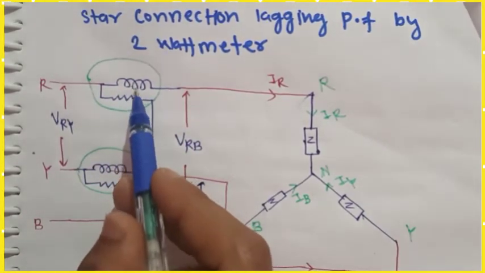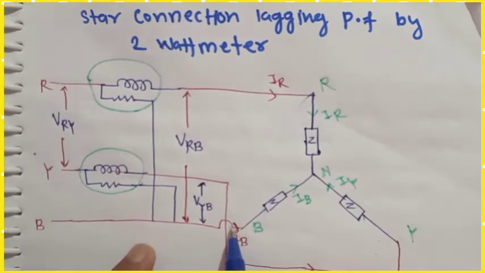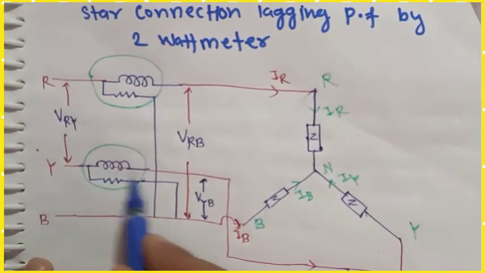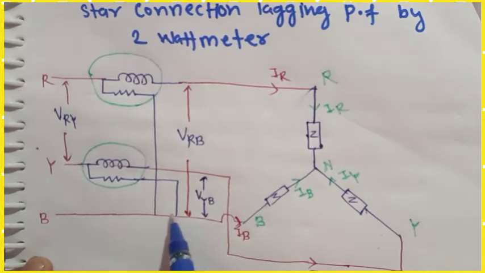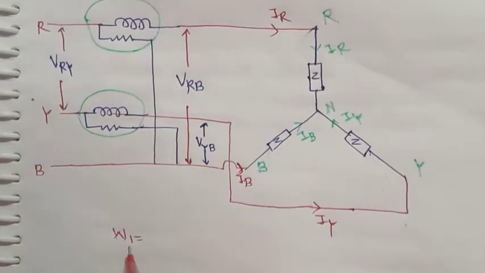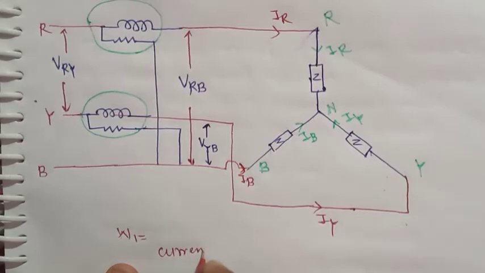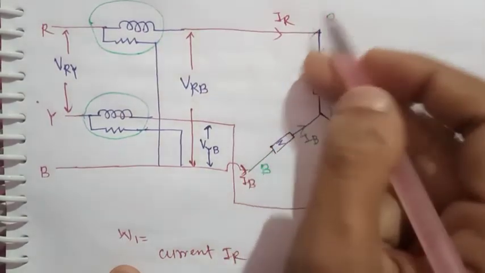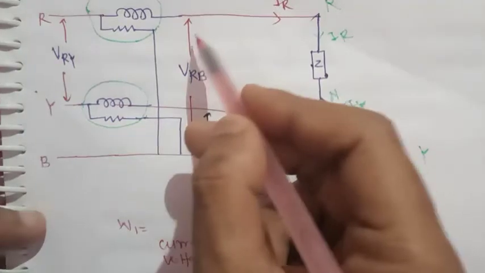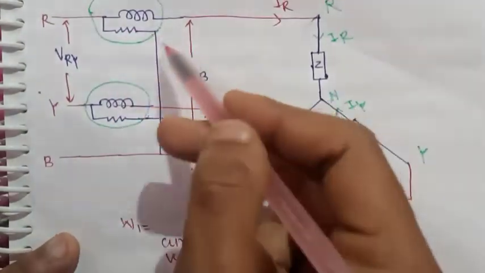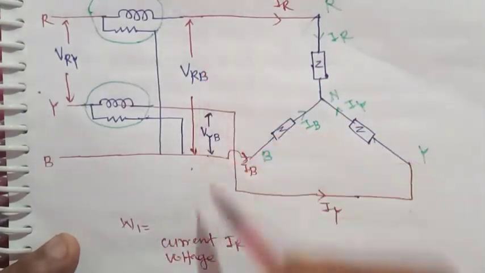The current coil of wattmeter 1 is connected to point R and the potential coil is connected to point B. And for wattmeter 2, the current coil is connected to point Y and the potential coil is connected to point B. Then for wattmeter 1, the current will be IR, and the voltage will be VRB, because this is connected to line R and line B. Then voltage is VRB.